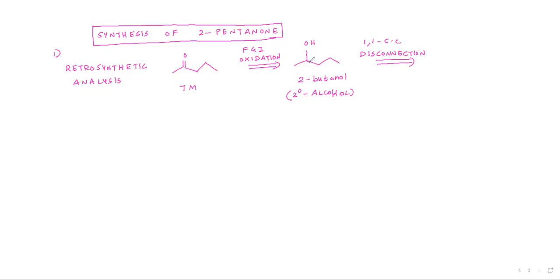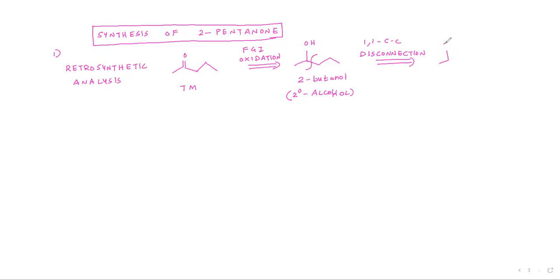In the sense, we know that secondary alcohols are obtained by the reaction of an aldehyde other than formaldehyde with a particular Grignard reagent followed by hydrolysis. So therefore, what I have to do is disconnect the molecule here.